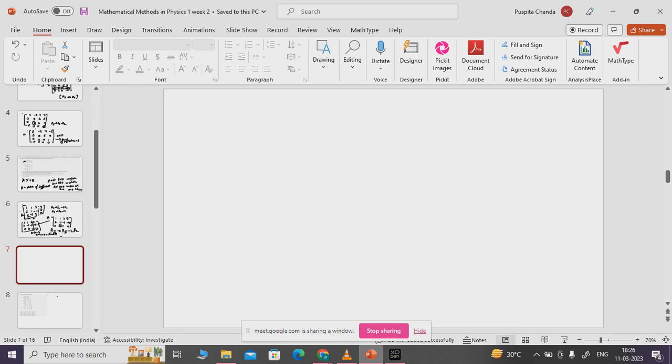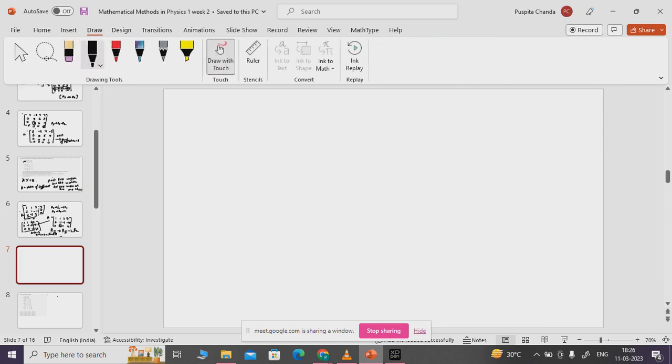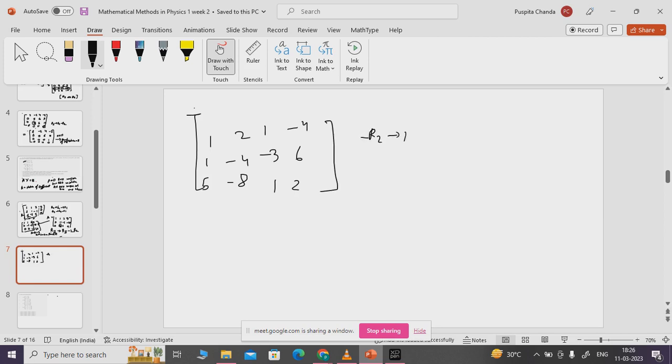Now the turn for system B. So system B will be 1, 2, 1, minus 4; 1, minus 4, minus 3, 6; 5, minus 8, 1, 2. So first R2 will be R2 minus R1, and R3 will be R3 minus 5 into R1. We will get the next matrix.